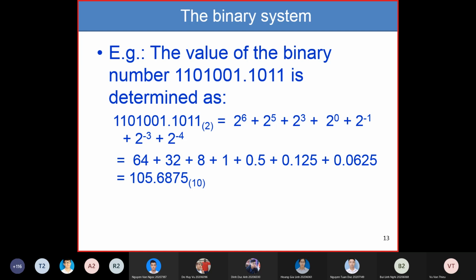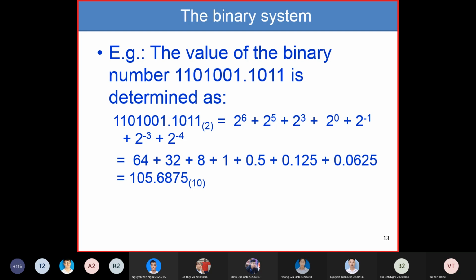So we have 2 power 6 plus 2 power 5. Of course, 0 multiplied with 2 power 4 equals 0, so we don't need to write it. The 1 at index 3 gives 2 power 3, the 0 we don't need to write, and we have 1 multiplied with 2 power 0.